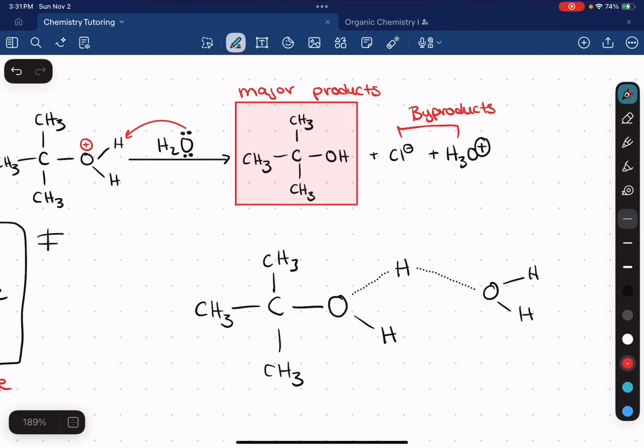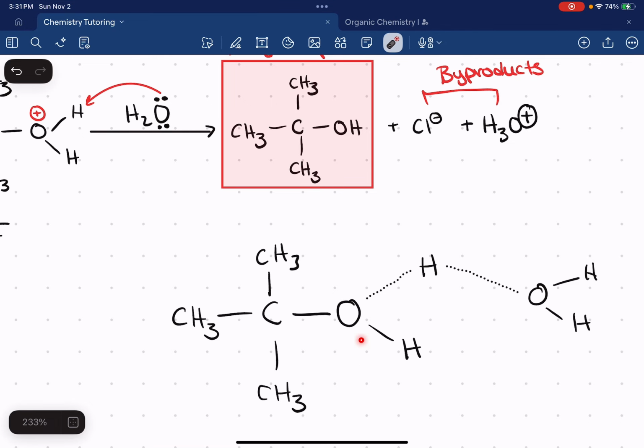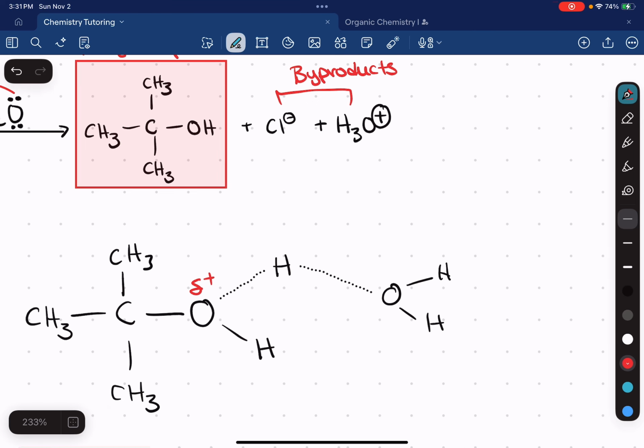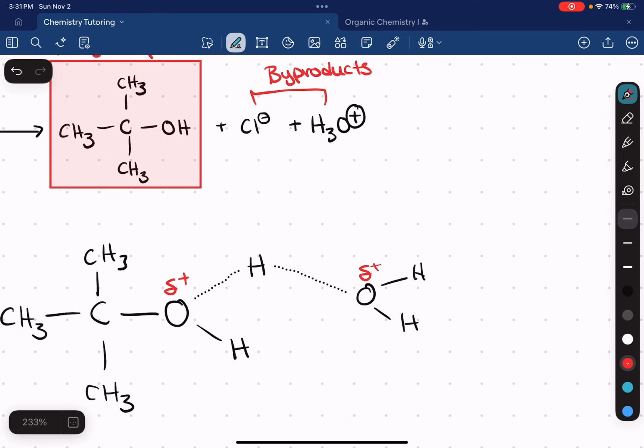And this oxygen used to have this positive charge, right? So it used to be positive and then went to not being positive. This oxygen in the water molecule used to have no charge. And then over here, it now has a positive charge because it gained an extra proton, aka hydrogen. So when we write that, this oxygen has a partial positive, and so does this one.